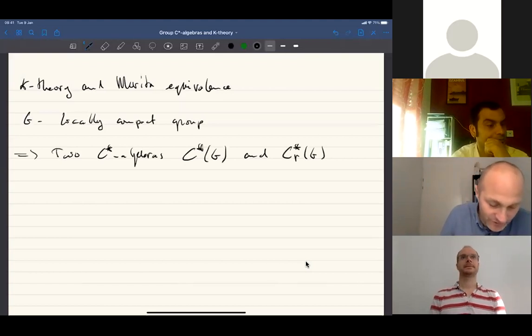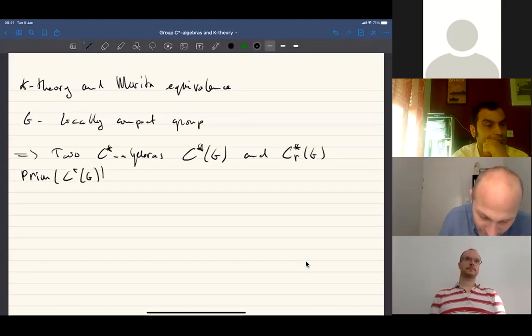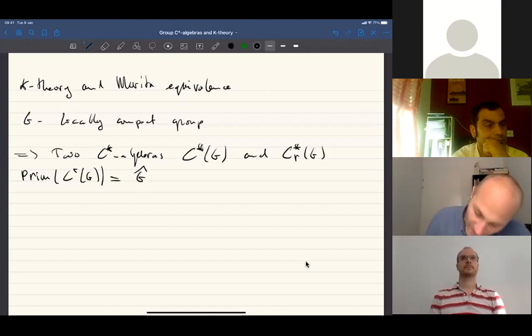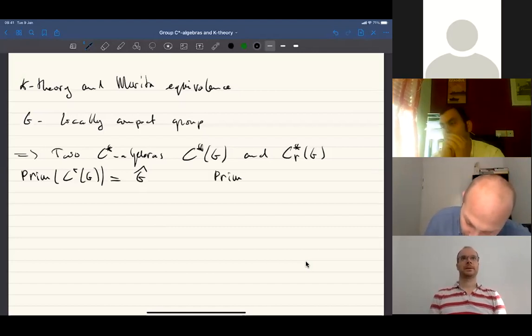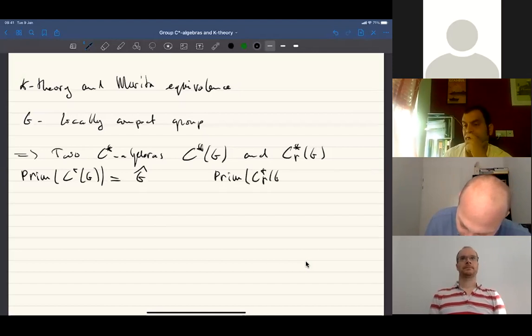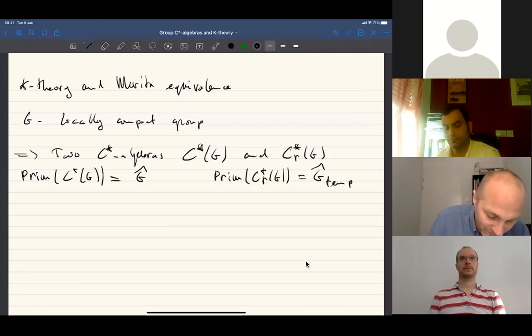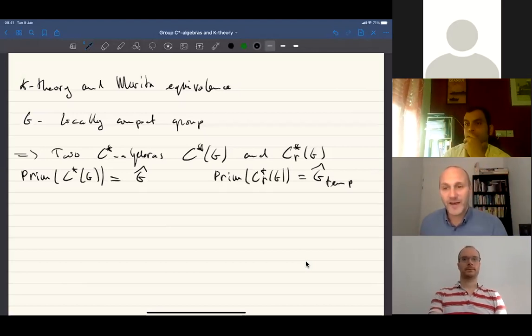And we introduced this notion of the primitive ideal spectrum, which for C-star of G turns out to be the unitary dual, and for C-star reduced of G, it turns out to be the tempered dual. To each C-star algebra you can associate this primitive ideal spectrum, this topological space, but as topological spaces, they are somewhat pathological.